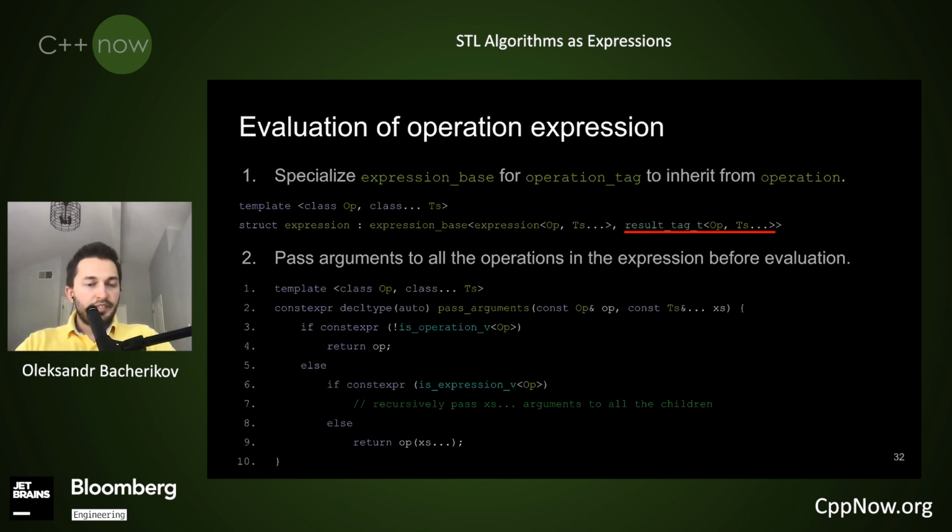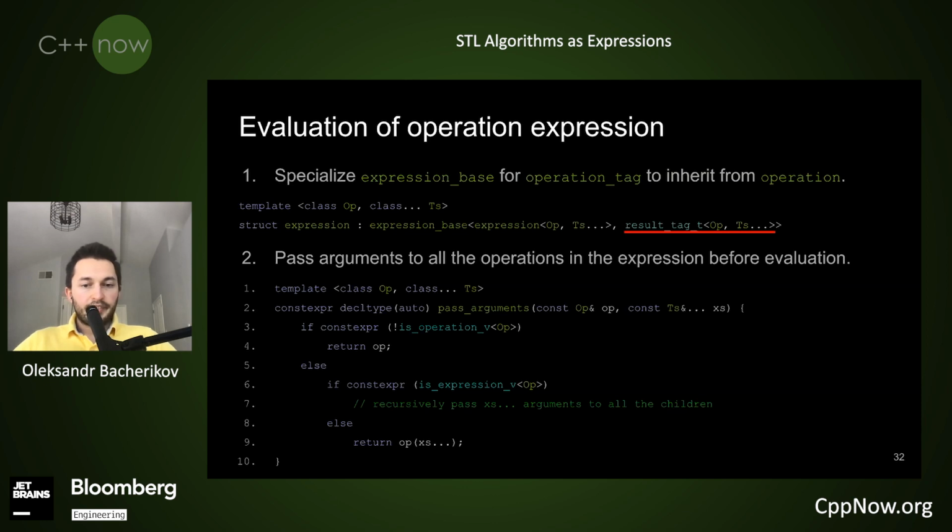And what it does: when we pass arguments to such expression, we need to pass the same arguments to all the operations inside this expression before evaluating it. And I have almost complete code to do that below.